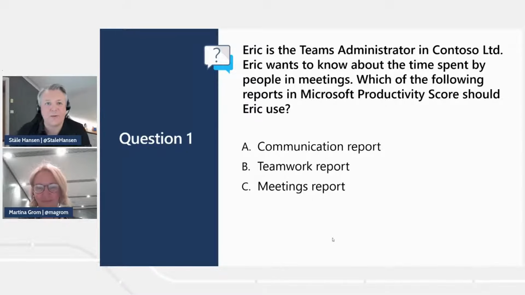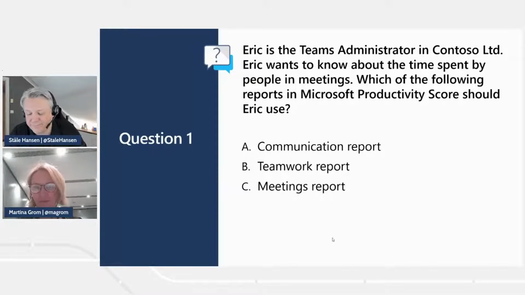So, what do you think, Martina? What do you think is the correct answer here? For me, this is kind of a challenging question. But I would think, if I want to see how much time users are spending in meetings, I would go for the meetings report.